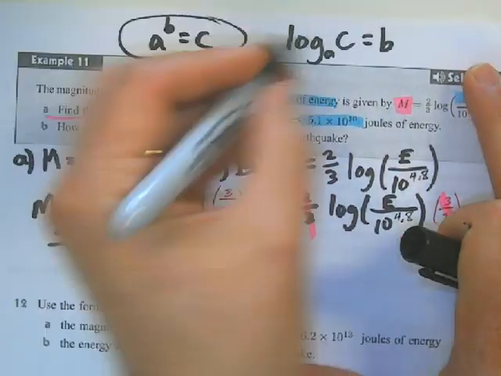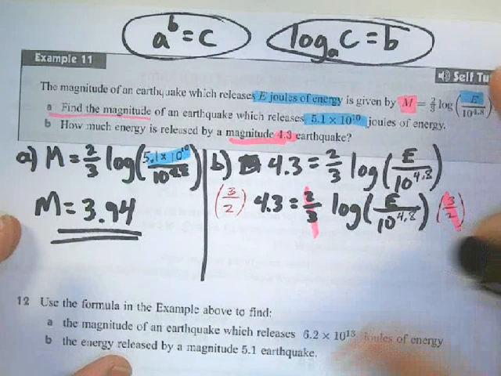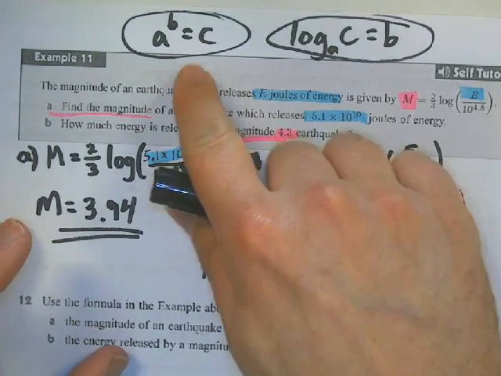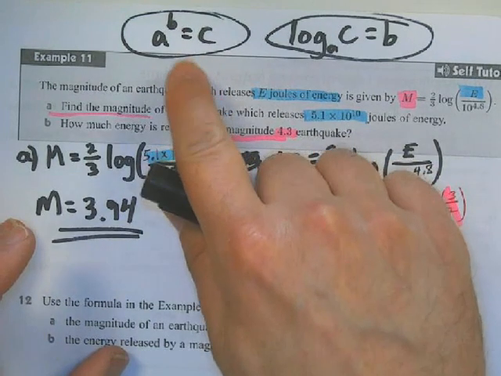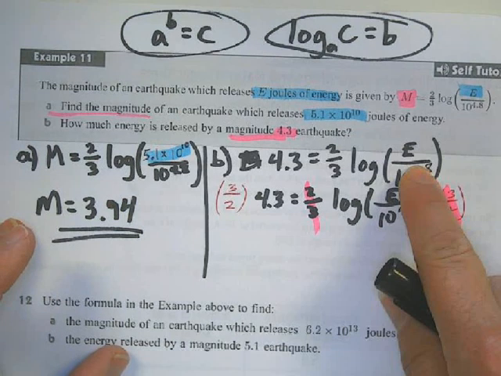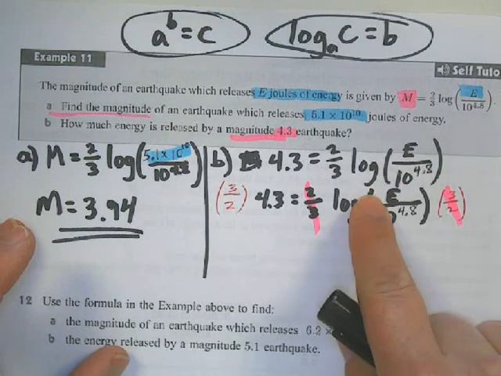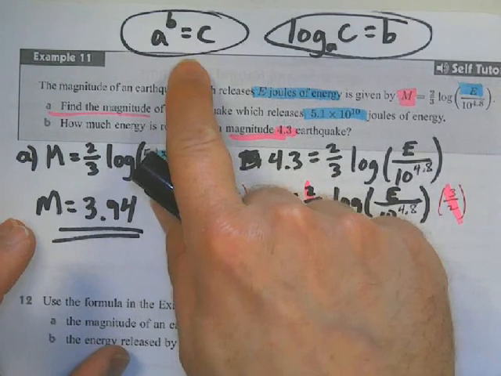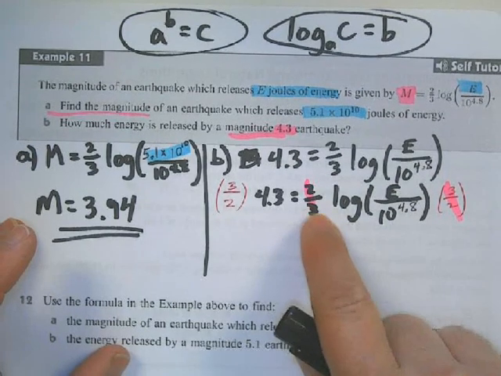So let me just back up. We're given the log form, and we want to convert it to exponential form. This will help us get our variable E outside of the log. We're going to convert it in just a second, but we needed to get rid of this 2/3 first.